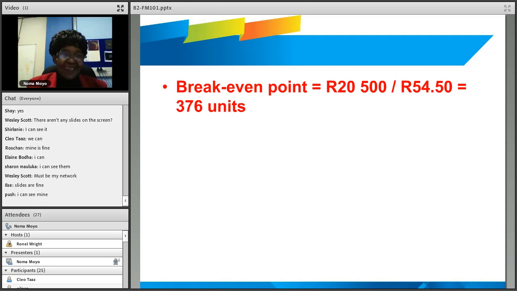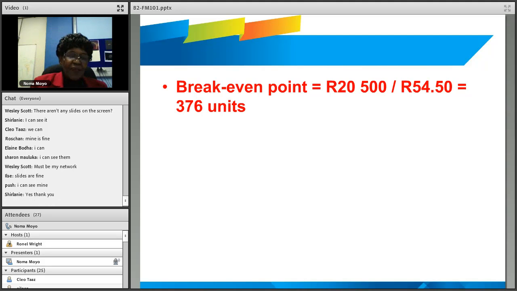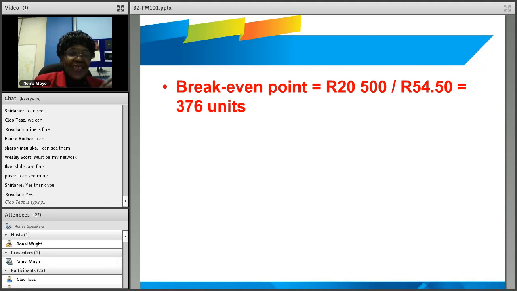Is this clear? We added the fixed costs and they gave us 20,500. We added the variable costs, subtracted them from the selling price per unit and got our contribution per unit as 54.50.